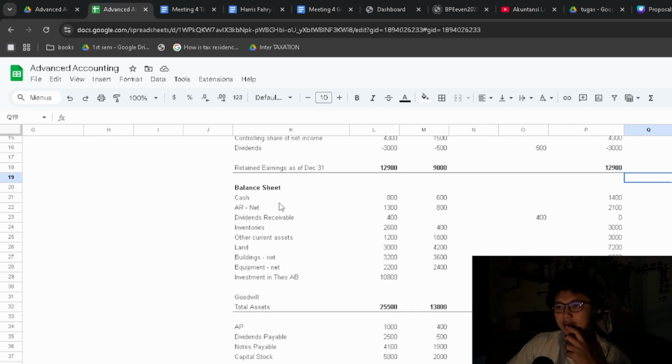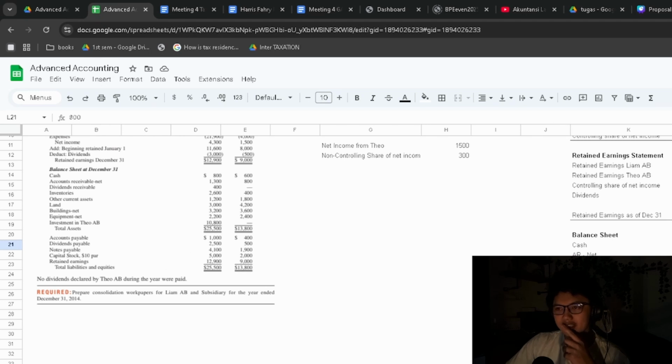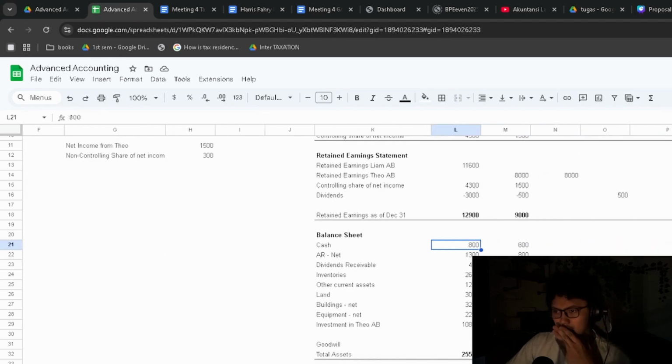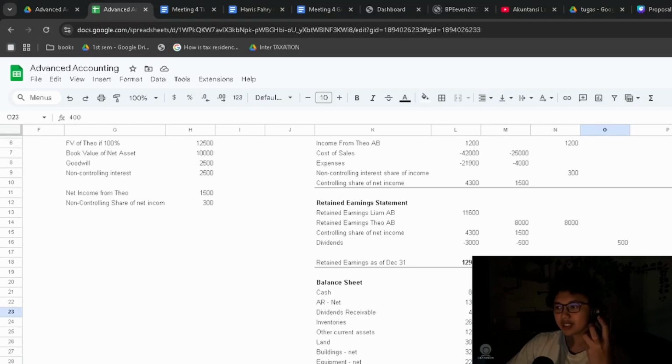Okay, now for the balance sheet, we have cash. These numbers are pretty much the same as the numbers provided in the case. However, there are certain adjustments on dividend receivables and investment in Theo. Here is adjusted and it's cancelled because dividends are already collected.